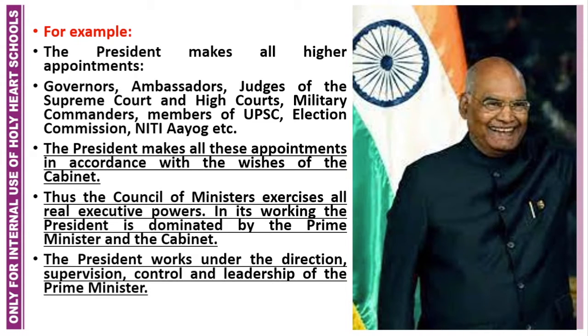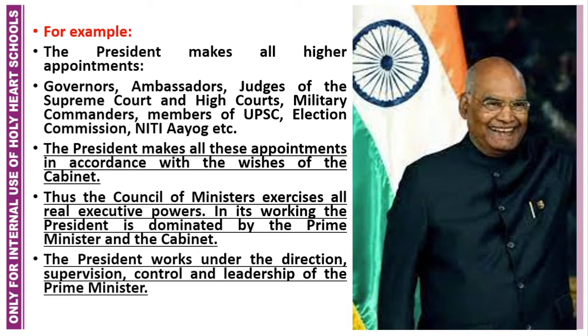But we know that he is only a nominal executive. So, who is the real executive? That's the Prime Minister and his Council of Ministers. So, the President makes all these appointments in accordance with the wishes of the Cabinet. Thus, the Council of Ministers exercises all real executive powers. In its working, the President is dominated by the Prime Minister and the Cabinet.